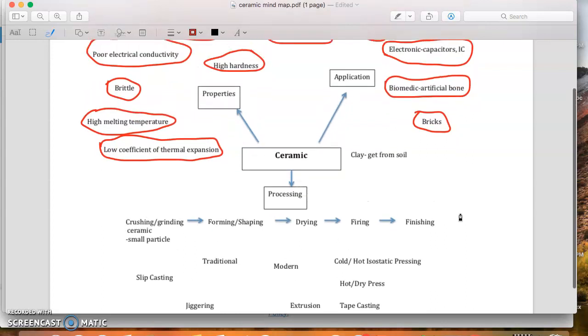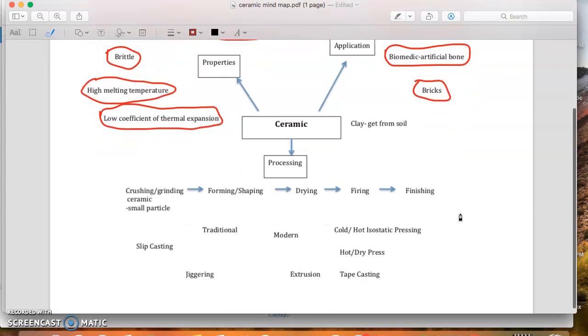Okay. For the processing of ceramic, I list down the process methods.